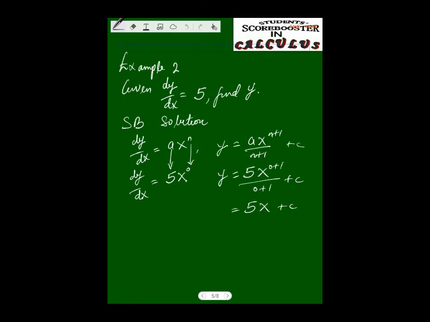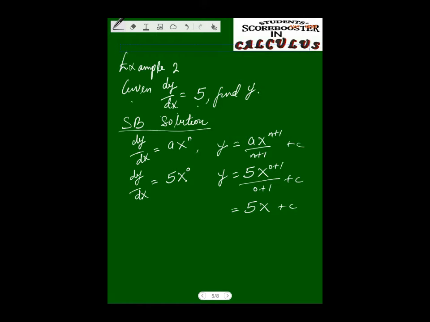Let's look at another example. Example 2. Given that dy/dx is equal to 5, find y. This is a constant this time. So the score booster solution is still the same thing. Let me try to explain.